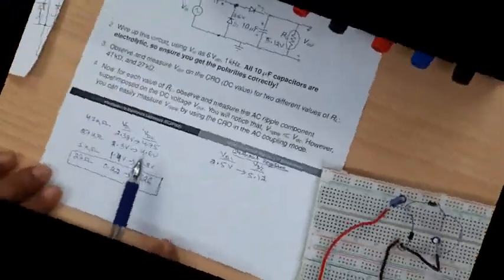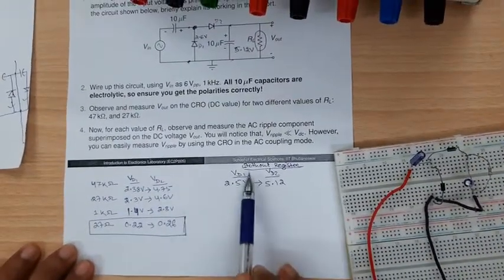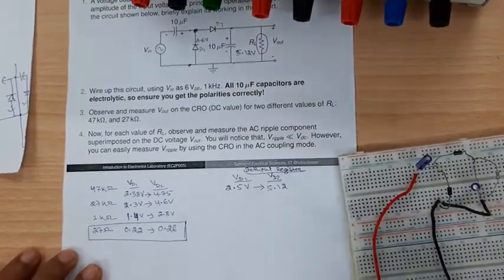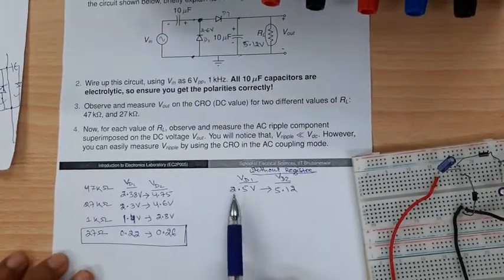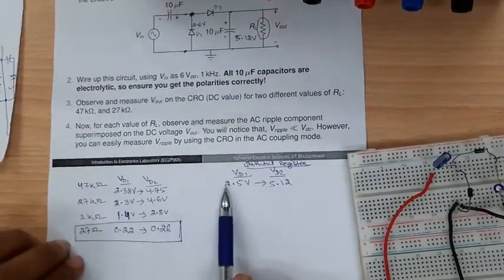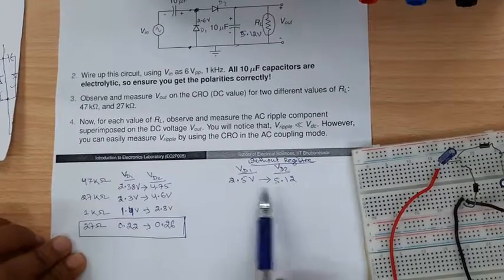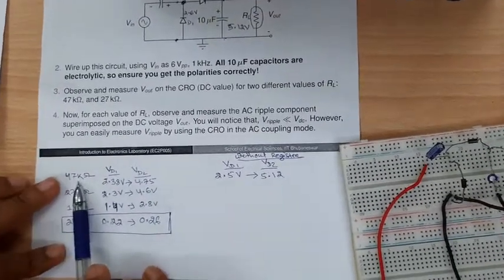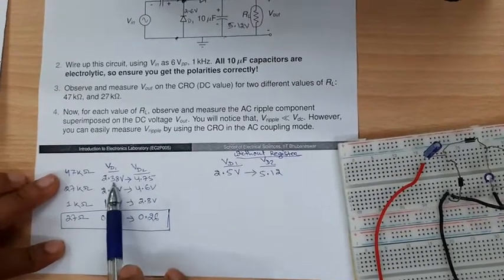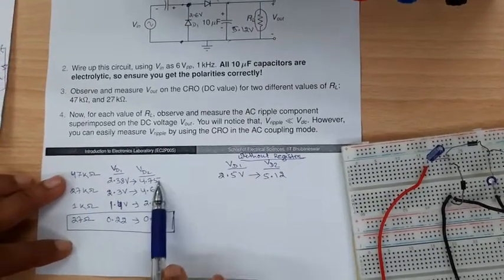Okay, you see now the observation without using the resistor in the voltage doubler circuit while giving this 6 volt, we are getting at diode 1 2.5 volt and diode 2 is 5.12, which is double. With 47 kilo ohm we are getting 2.38 at input and 4.75 at output.